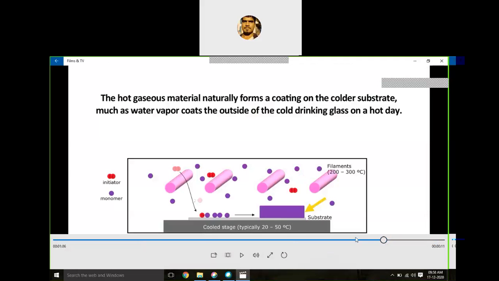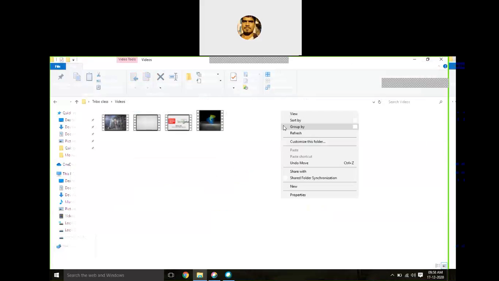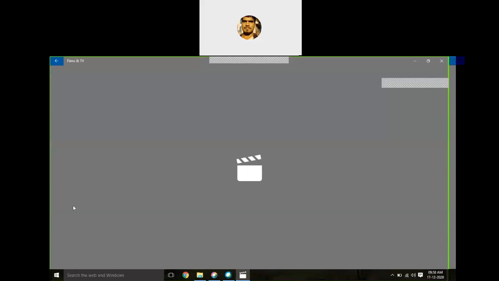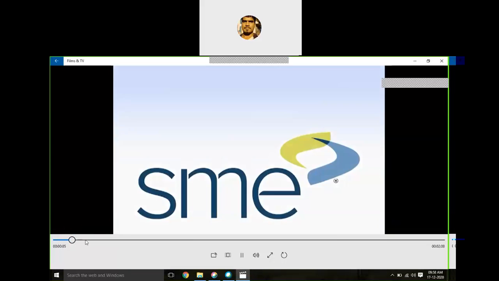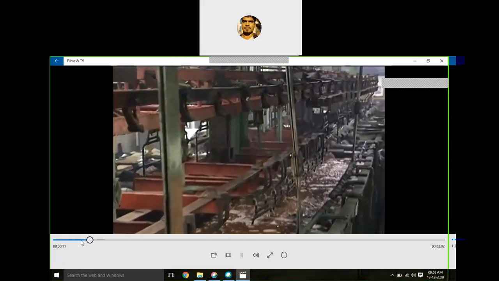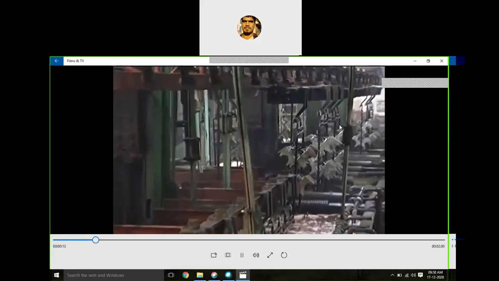Like this, it will deposit on the substrate. It's a hot dipping process.